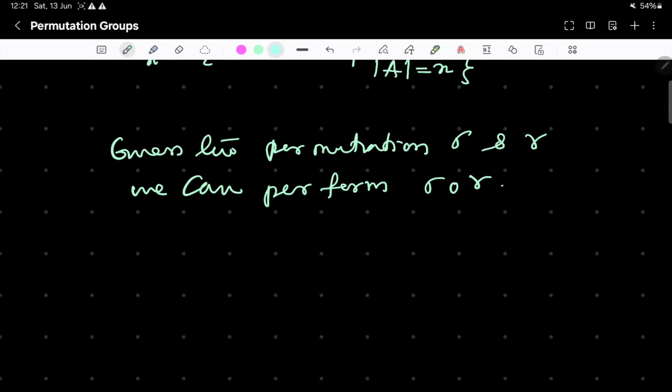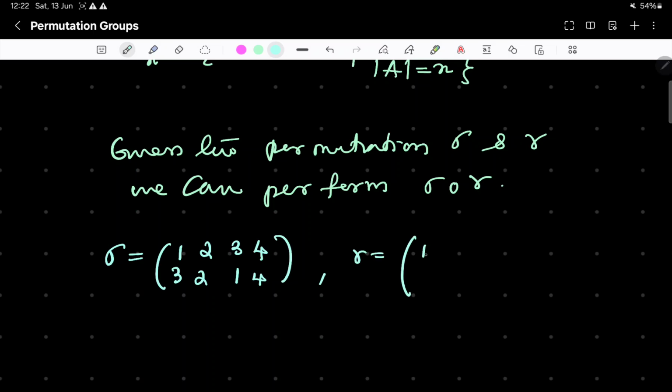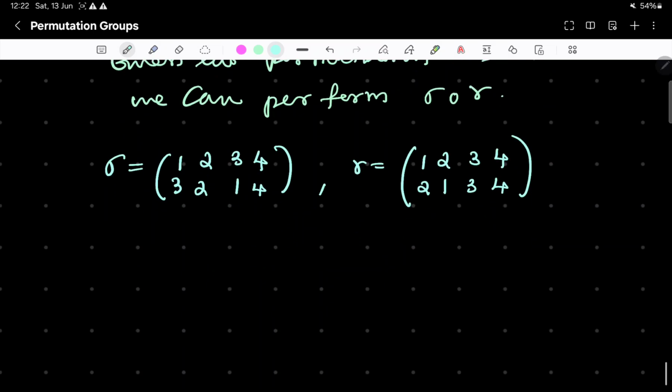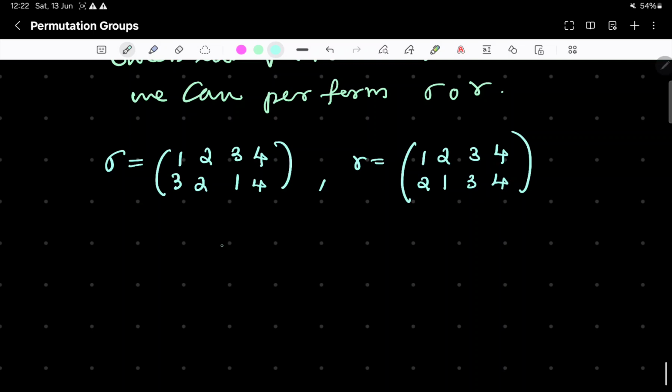Let's take two permutations sigma and gamma. Let sigma be 1 2 3 4 mapping to 3 2 1 4, and gamma be 1 2 3 4 mapping differently to 2 1 3 4. Now how do you perform sigma dot gamma?